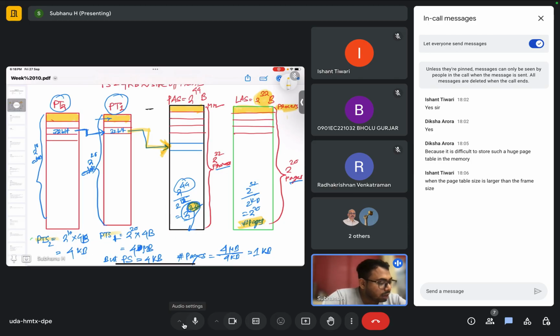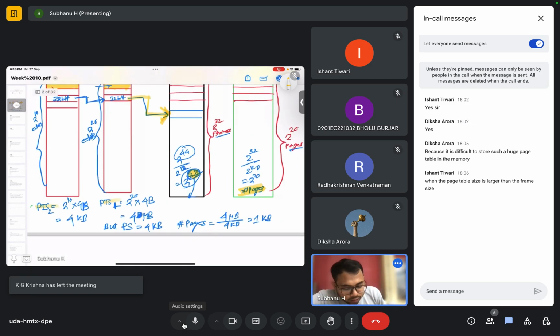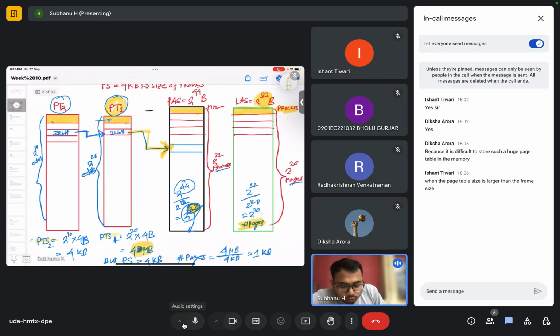Now what is the page table size of page table 2? It is 2 to the power 20, because there are 2 to the power 20 entries, into 4 bytes. But the page size is equal to 4 KB.